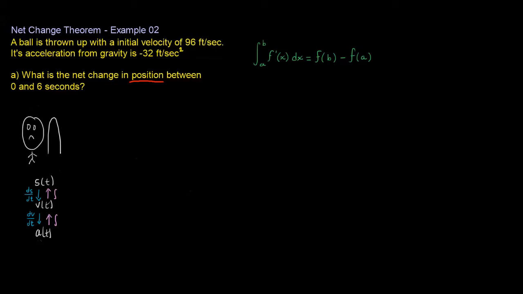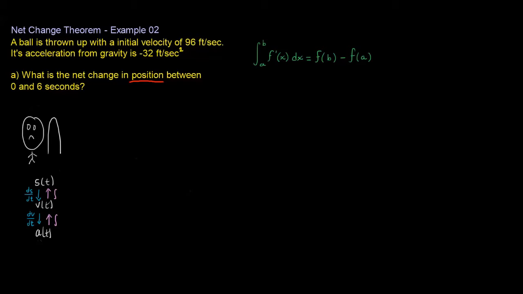So we're going to be using this statement that stands for the net change theorem. We say the integral of the rate of change, the f prime of a function, will lead us to the net change for whatever the function is standing for. So in this case, following this diagram, what is the derivative of position? Well, the derivative of position, of course, is velocity.